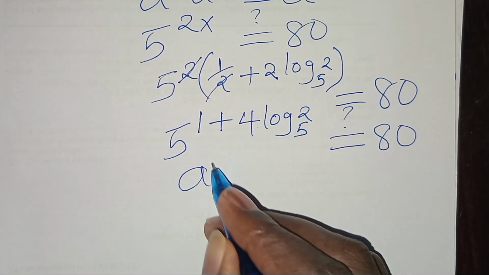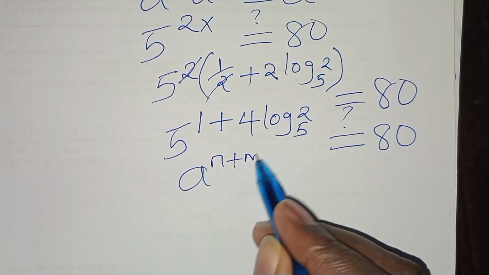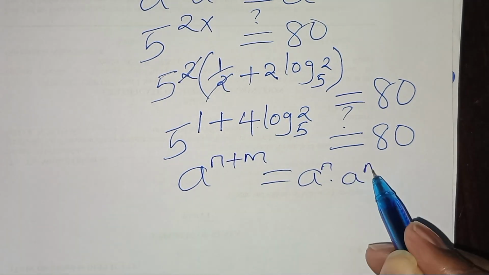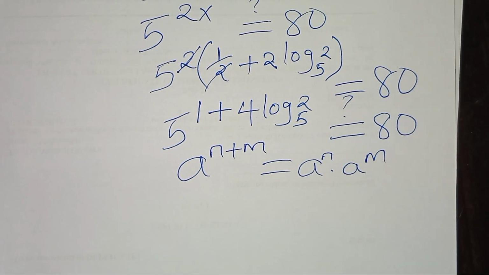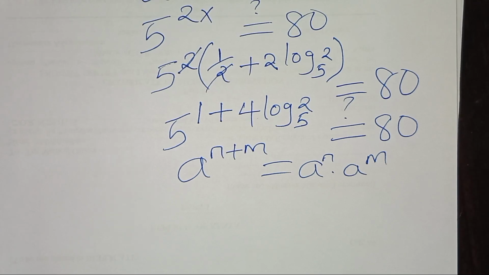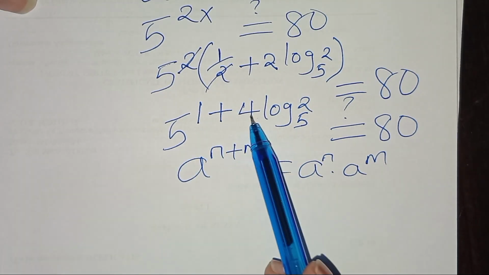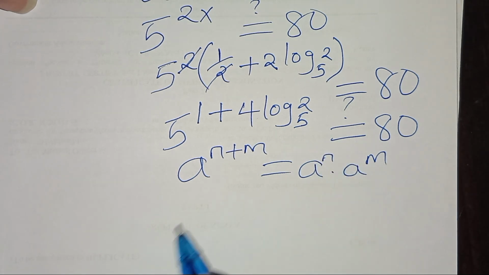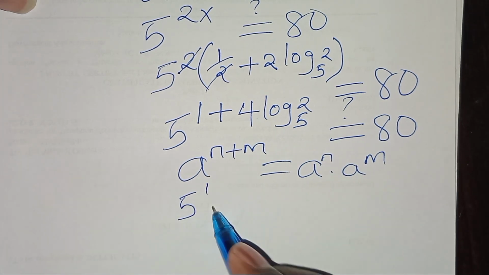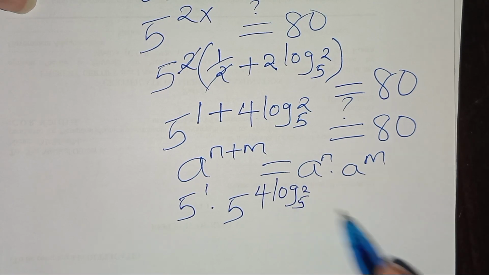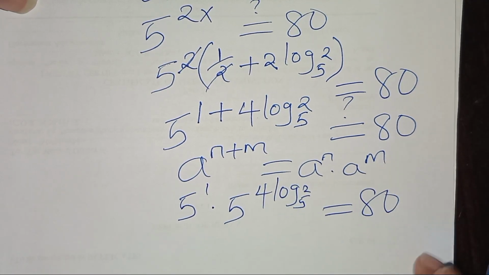This is in the form of a to power n plus m, which you can express as a to power n times a to power m. Now applying this exponent property, 5 to power 1 plus 4 log 2 to base 5 becomes 5 to power 1 multiplying by 5 to power 4 log 2 to base 5. This should give us a value of 80.